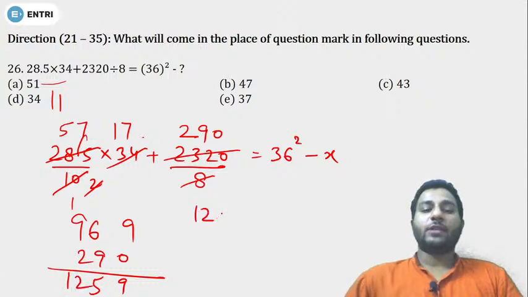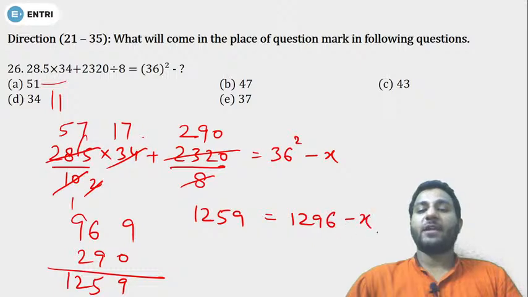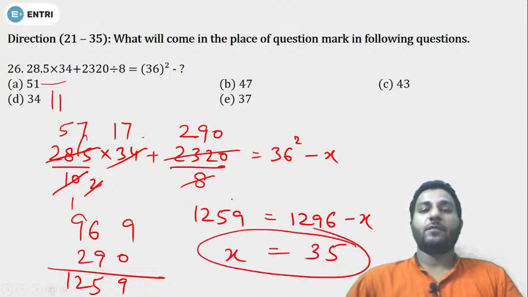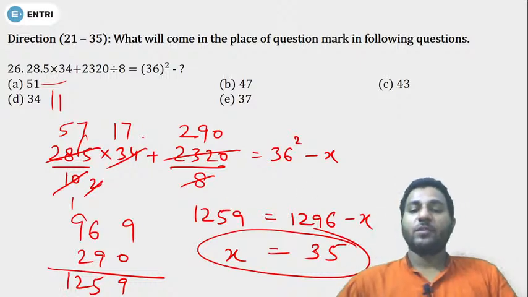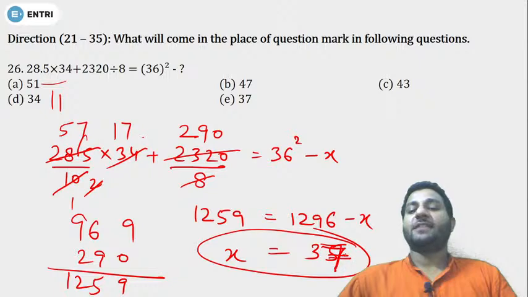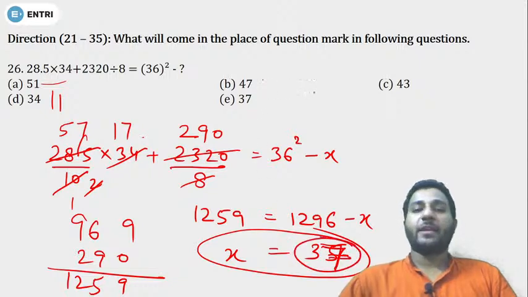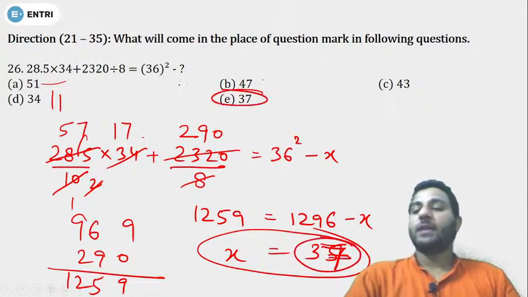As you all know that 1259 equals 1296 minus x, and you can easily find out from 16 to 9 it will be 5, from 8 to 5 3. So 35. Am I correct or not? No, 7. 37. Remember that. I'm making it in a hurry. So 37 will be the correct answer.